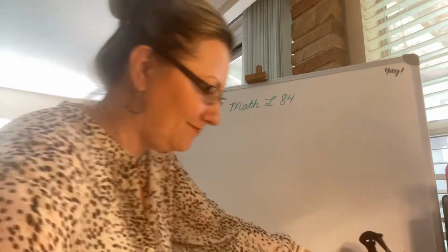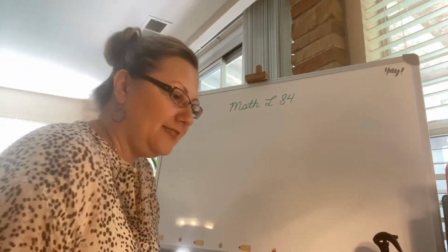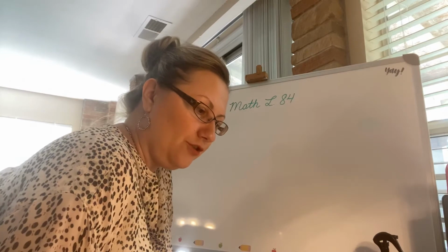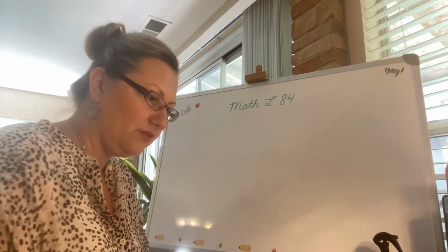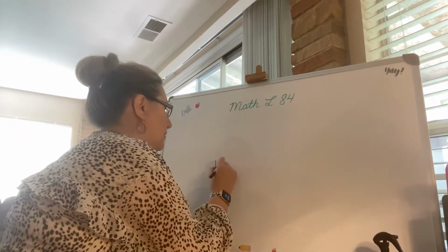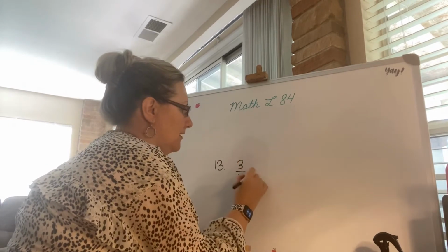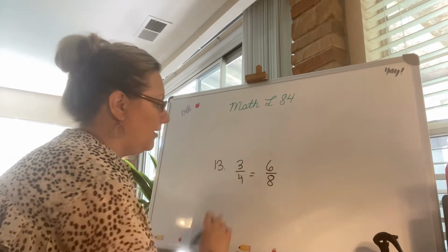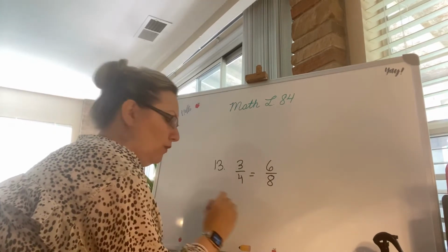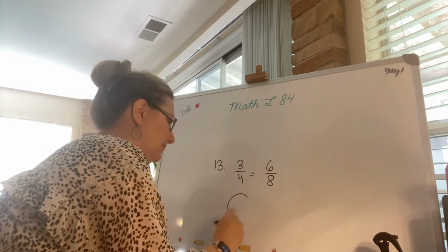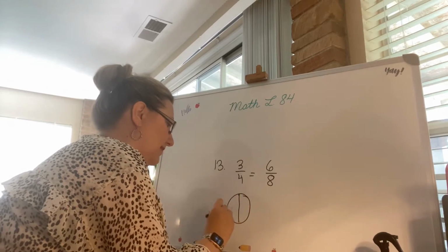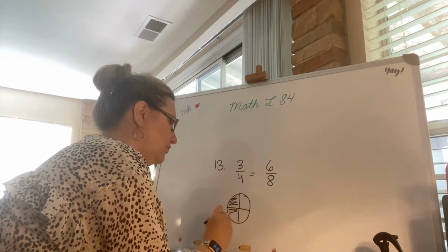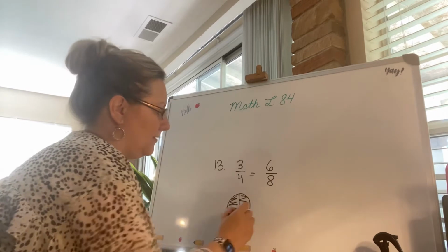Follow along. So number 13 says, draw and shade 2 circles to show that 3/4 equals 6/8. So 3/4 equals 6/8. All right, well, I see a 4 and I see an 8. The 4 is pretty simple. Just divide into 4. 1, 2, 3 of them.